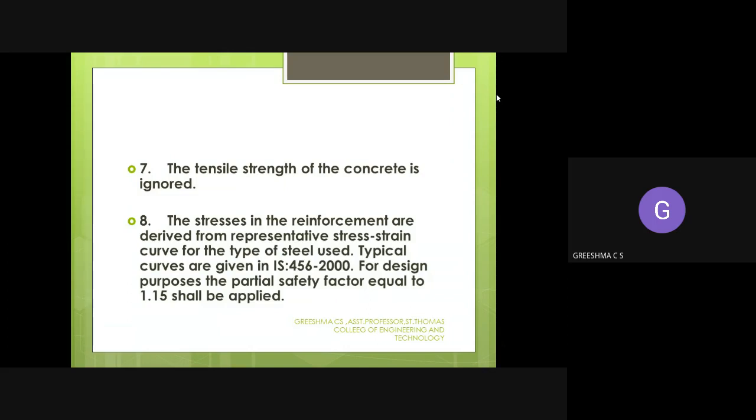You take the respective values from the diagram and apply the partial safety factor of 1.15 for the steel to get the final value.